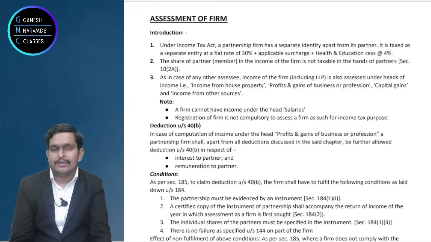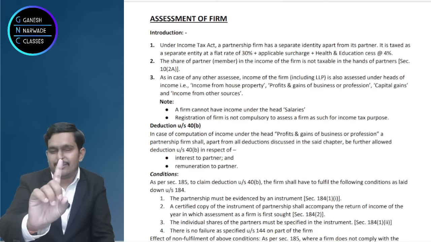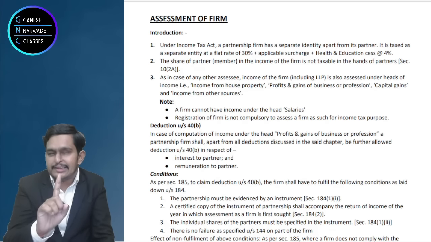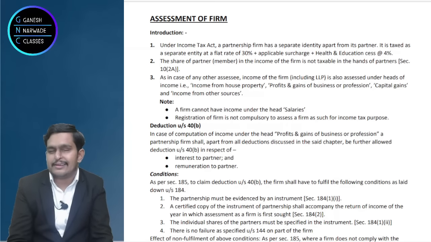Great, you understood. But if it is so easy, so direct, can we say it is income tax? No, right? So section 184 jumps into the picture and says, hey, stop. Section 40B, you are giving interest paid to partners as deduction, you are giving remuneration paid to partners as deduction.